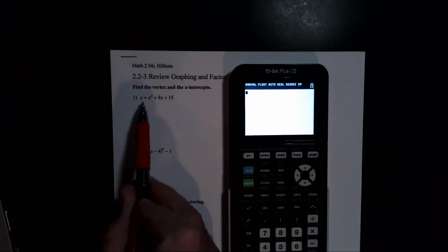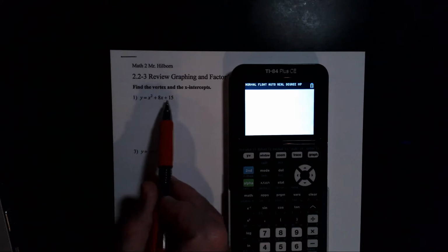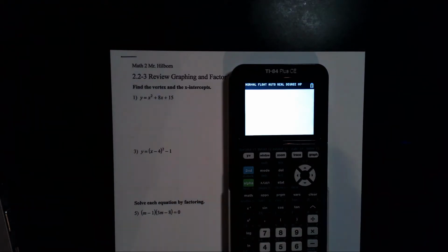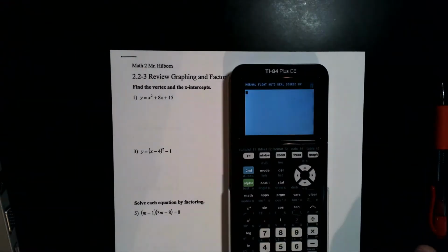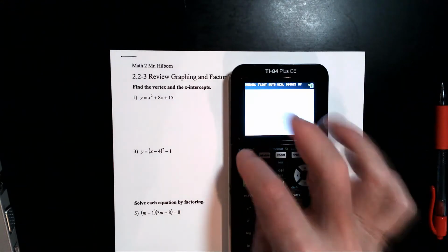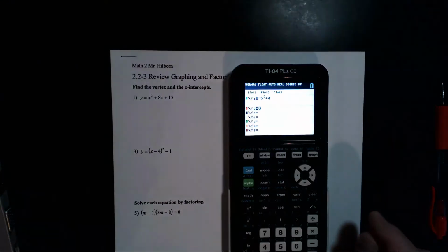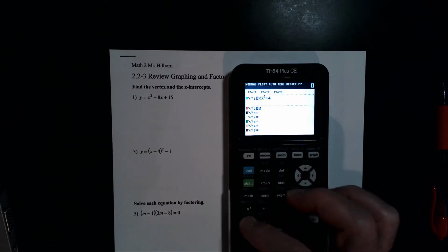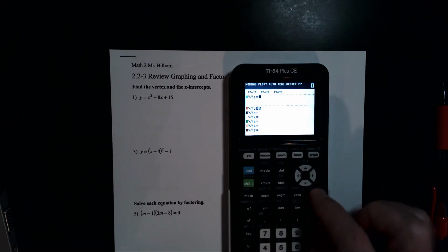We could use x equals negative b over 2a, but I want you to be able to do it more quickly on the calculator. So we're going to find the vertex and the x-intercepts. Under the y equals menu, type in the equation. Oops, I need to clear that out.